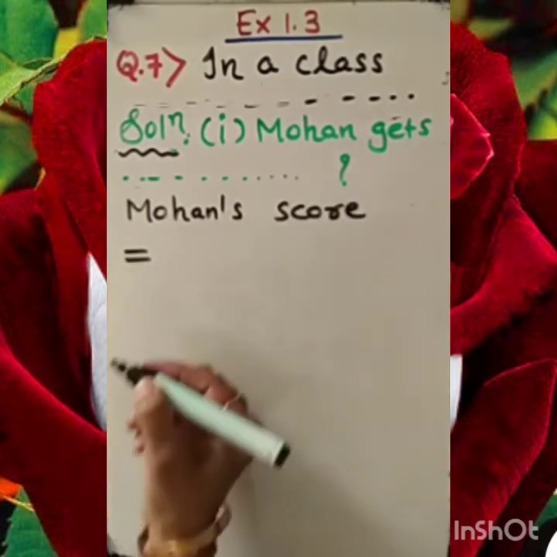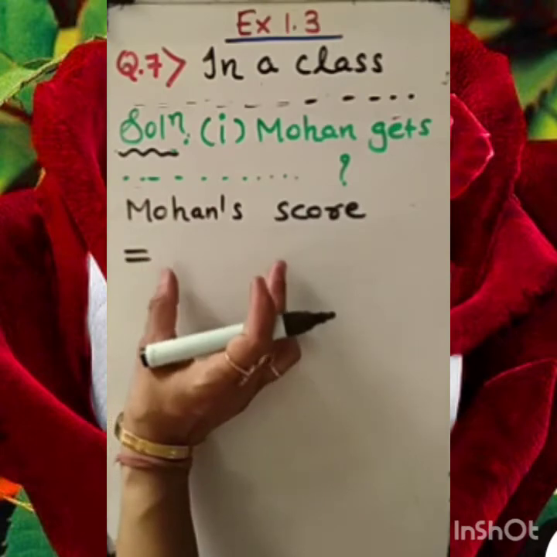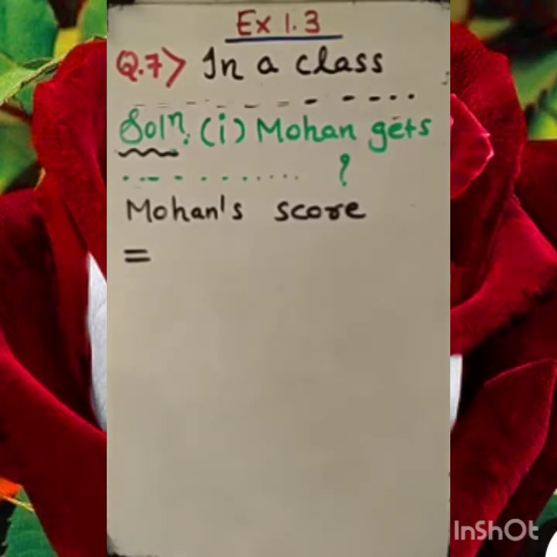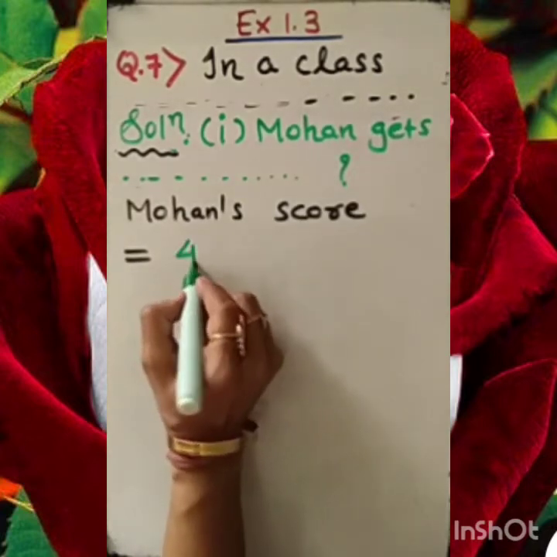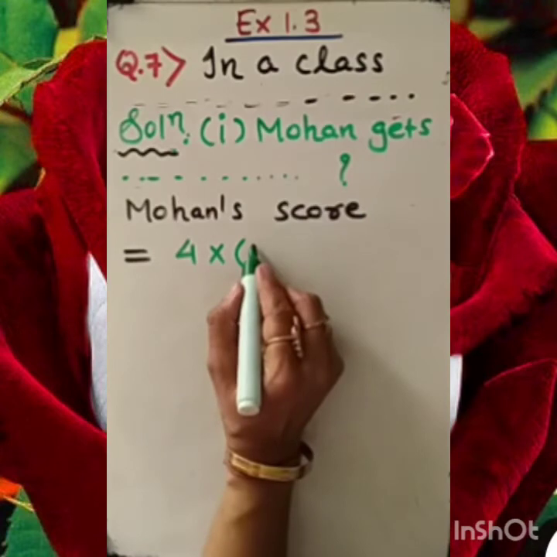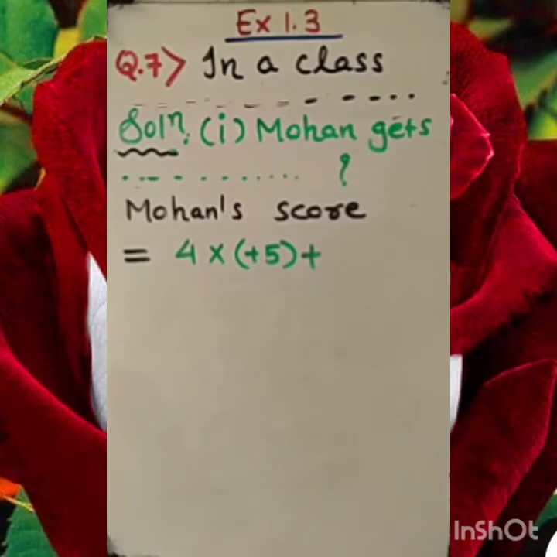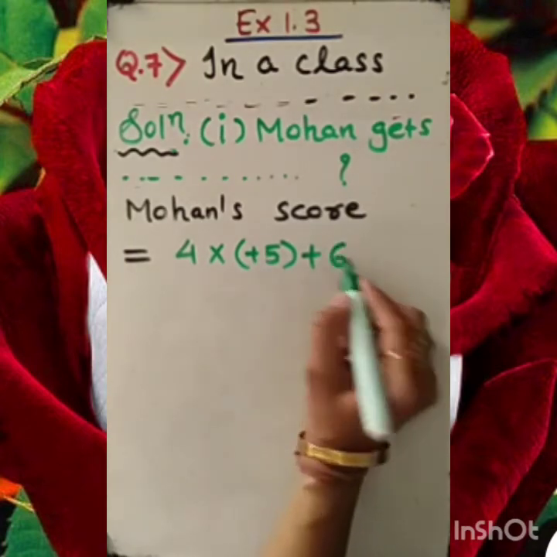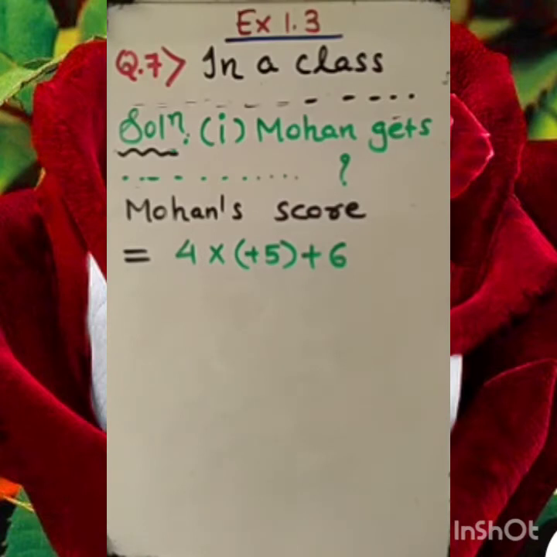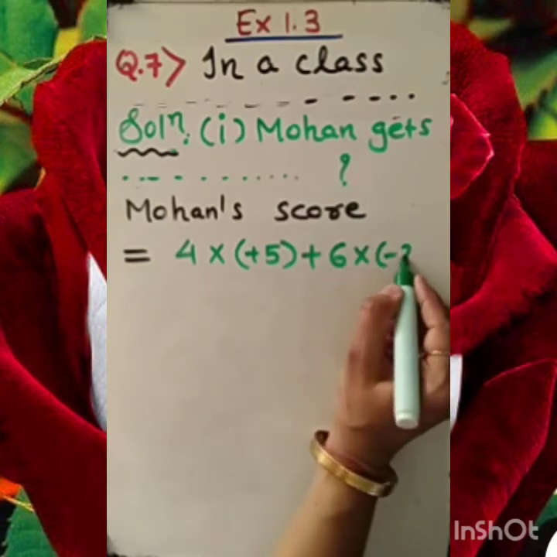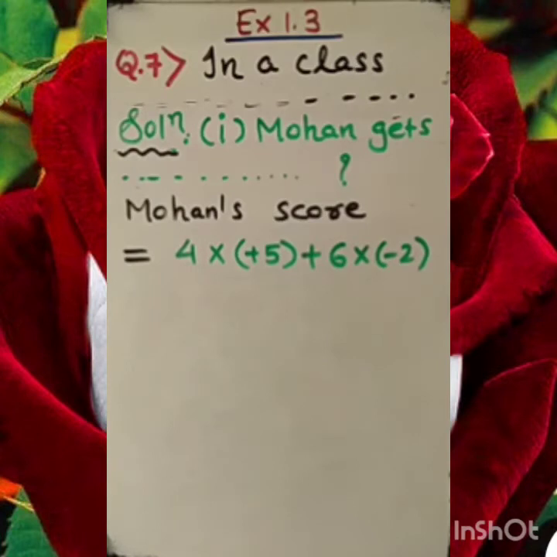We know the correct will be added and incorrect will be subtracted. 4 correct, it means 4, and for each correct answer we are gaining 5 marks. Plus 6 incorrect answers, and for each incorrect answer 2 marks will be deducted, so it will be calculated as minus 2.